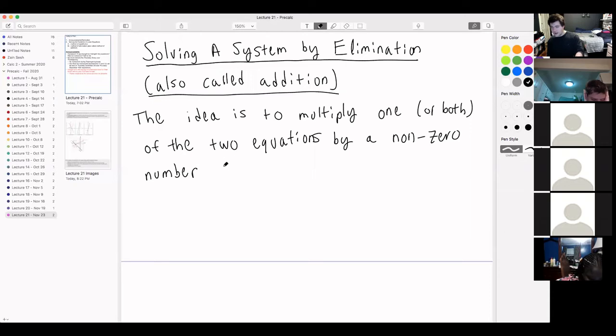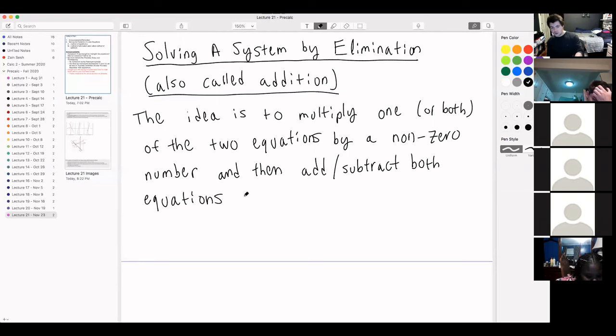A non-zero number, and then add or subtract both equations to eliminate. This is where the terminology elimination comes into play, to eliminate either the x or y variable.